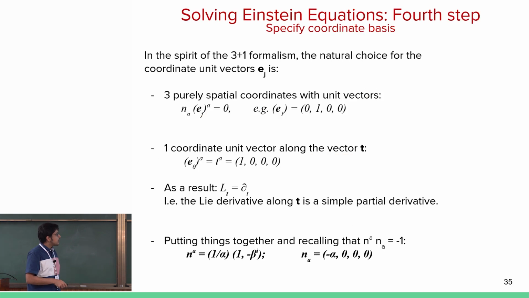Now we can specify a coordinate basis that is naturally adapted to the coordinates that we are using. For the spatial unit vectors we have this, and for the time-like vector we can define this as the basis vector, which reduces the Lie derivative along time to the partial derivative.